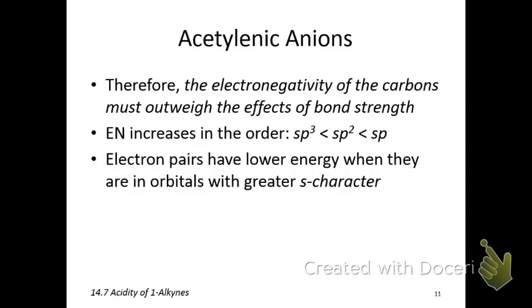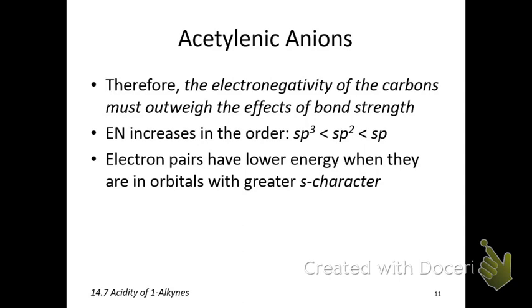And so when you think about those two factors, the electronegativity is helping to stabilize the anion that's formed, but the strength of the bond is trying to keep the compound protonated. So between the two, we understand that the electronegativity of the carbon must be sufficiently strong to overcome the bond strength and lead to the acidity that is seen for terminal alkynes.